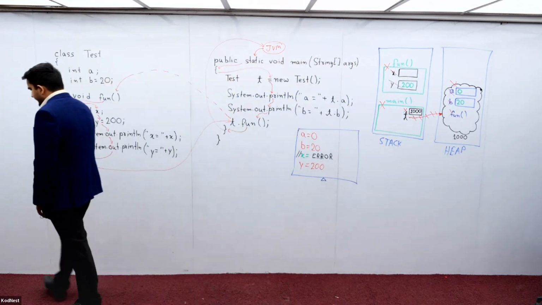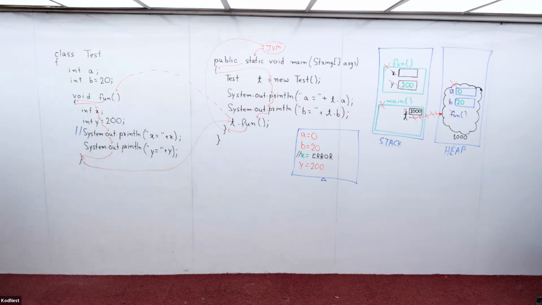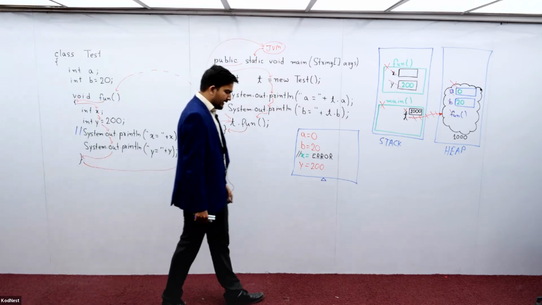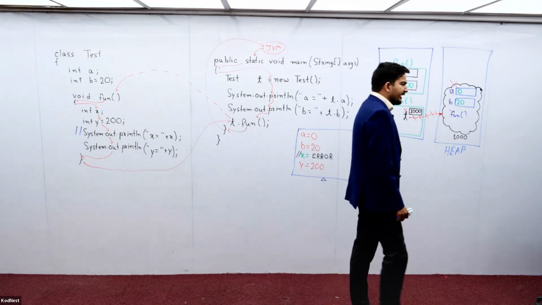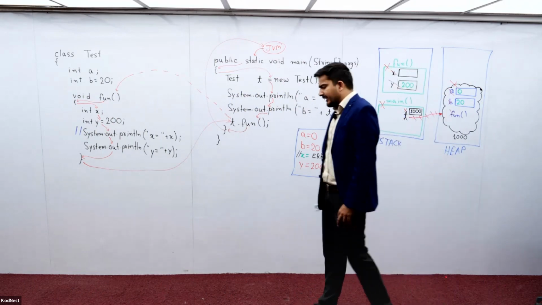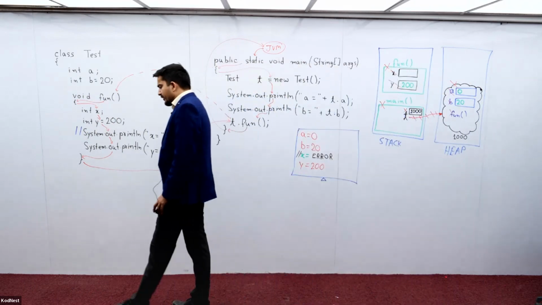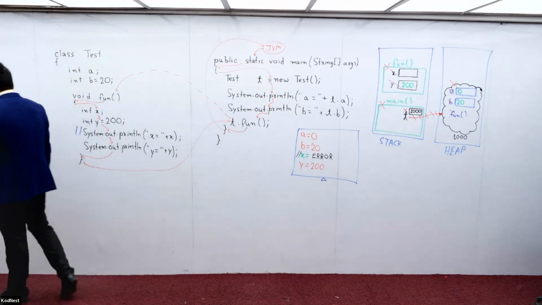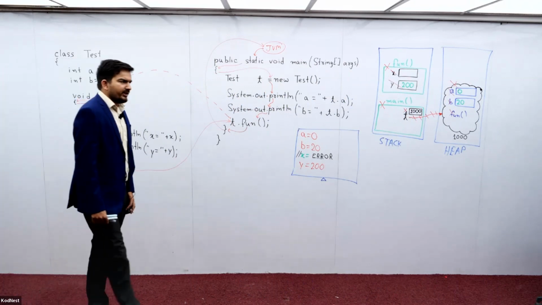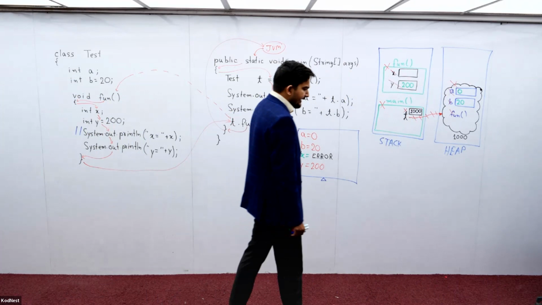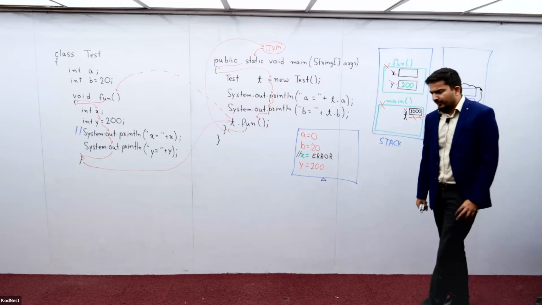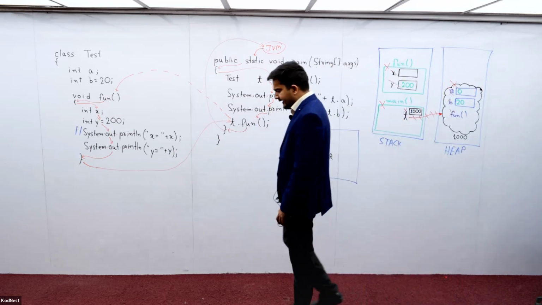Please write. Instance variables are allotted memory when an object for the particular class is created.